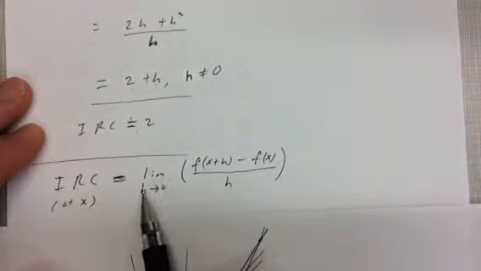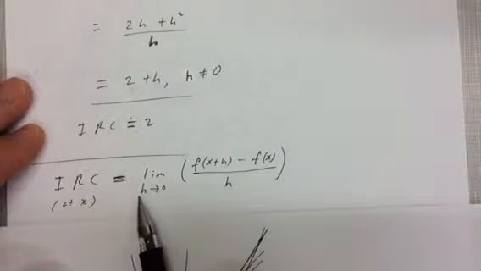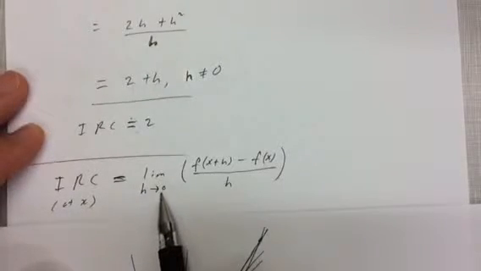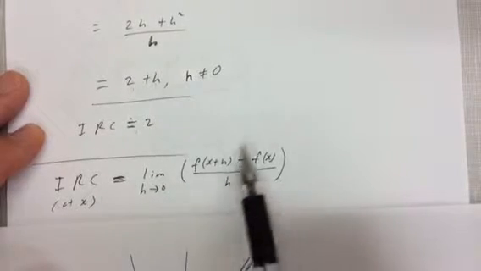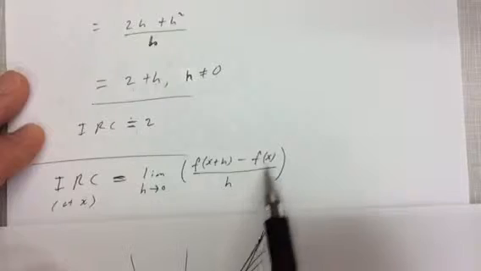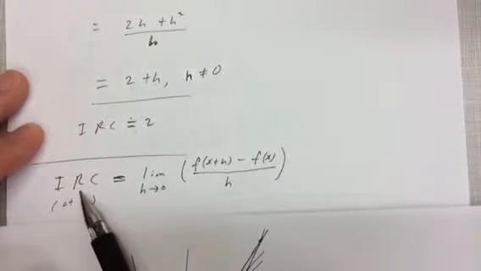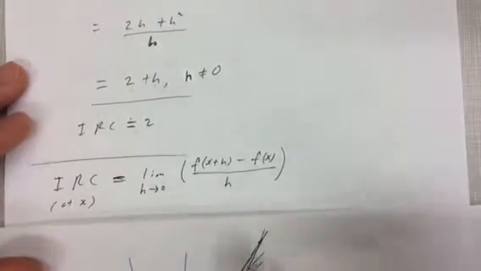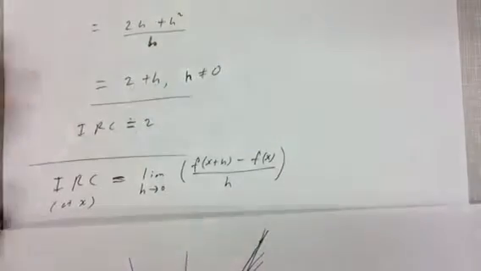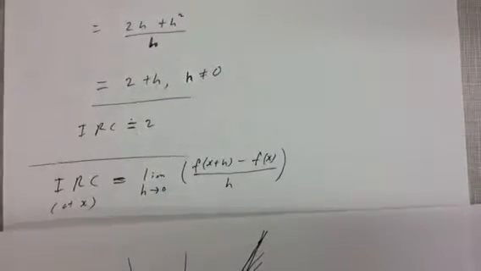That doesn't mean at h equal to 0, it means as h approaches 0, of this average rate of change. So the limit as h approaches 0 of this average rate of change is now going to equal the instantaneous rate of change, and we can say it's a limit, and now it's exactly equal, as long as we can get a nice algebraic expression for that.